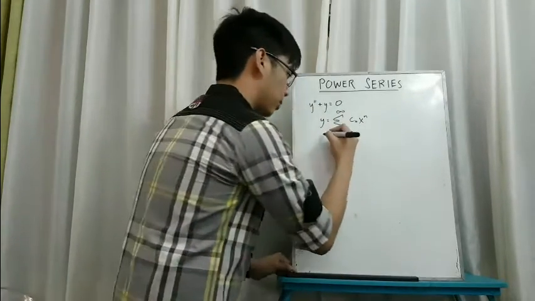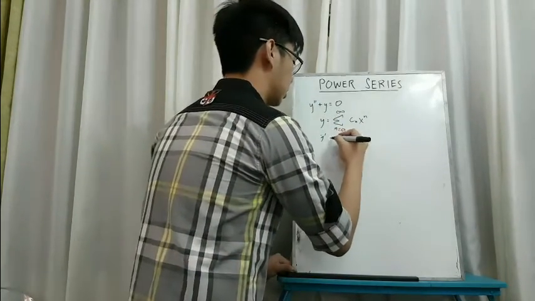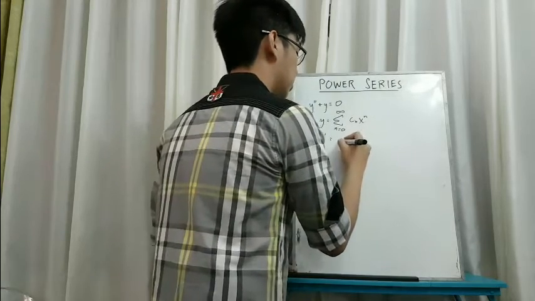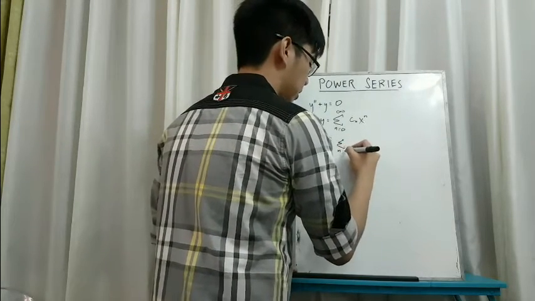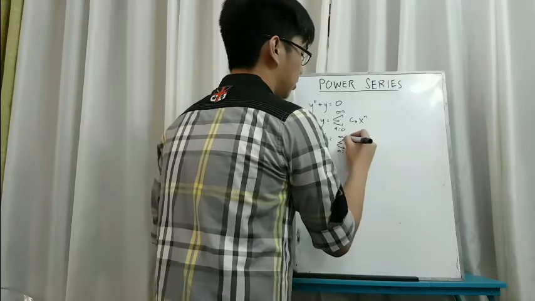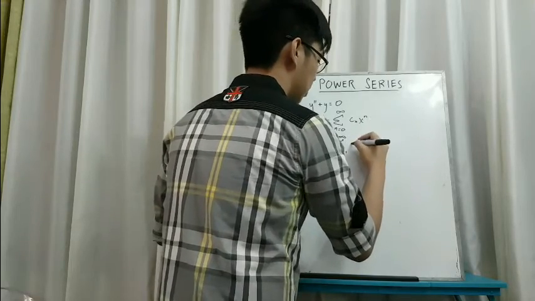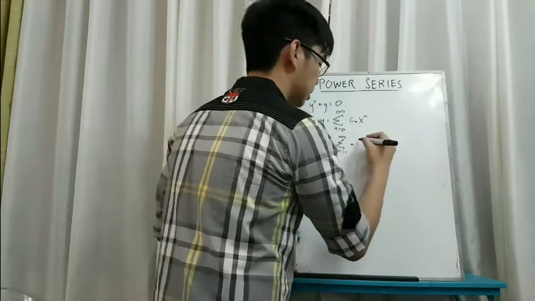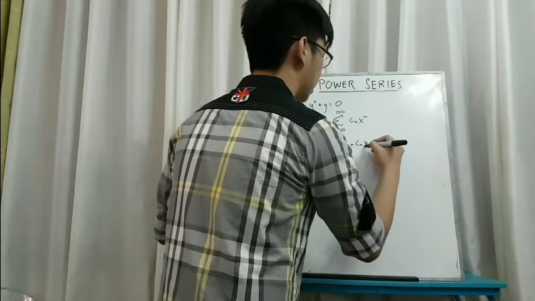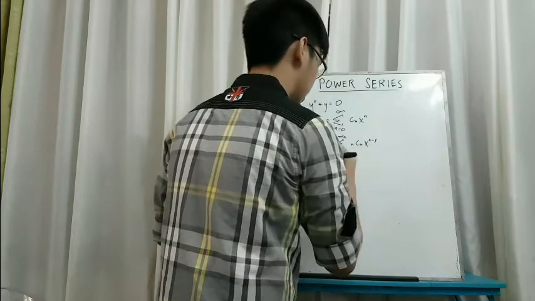So y prime is equal to the summation of n is equal to 1 to infinity of n times c sub n times x raised to n minus 1, the derivative of this.